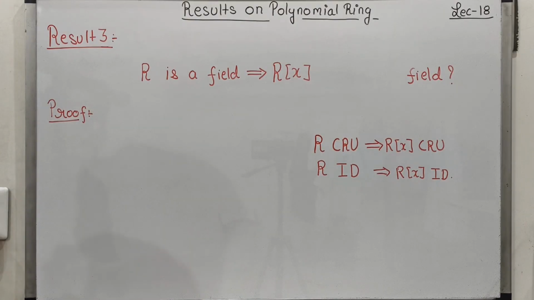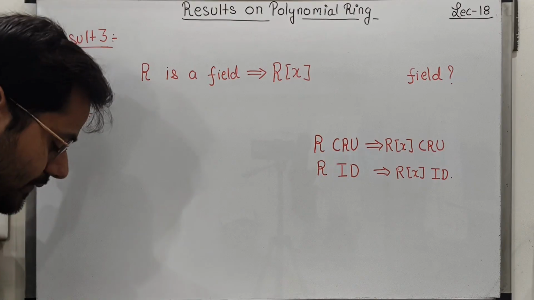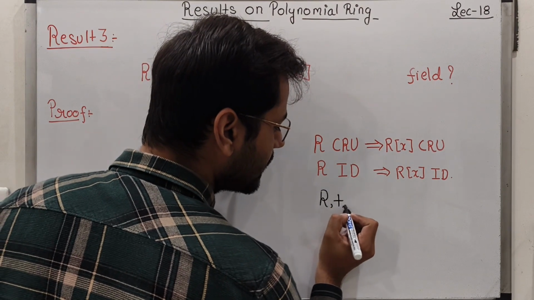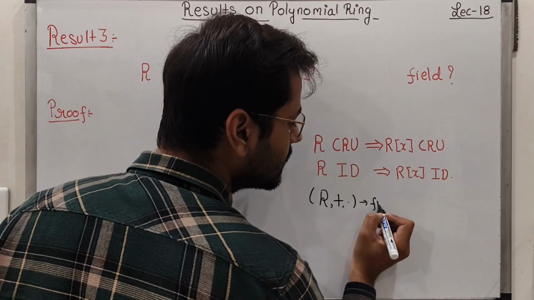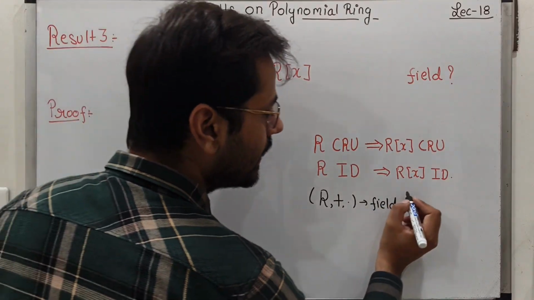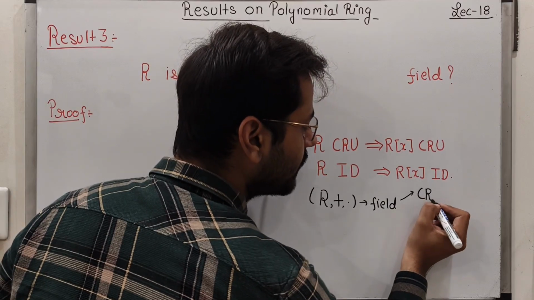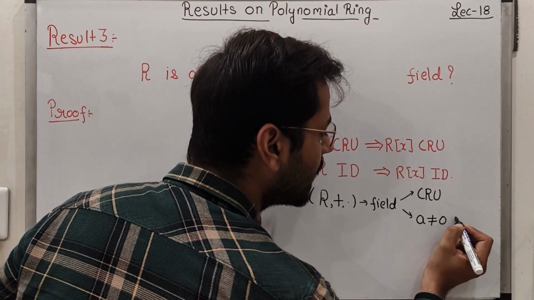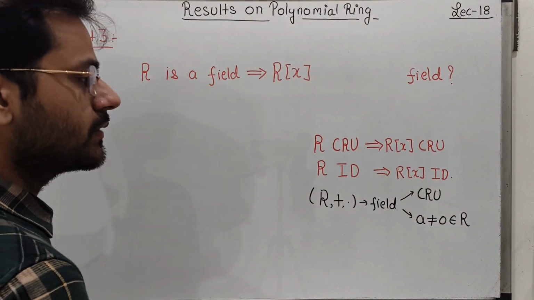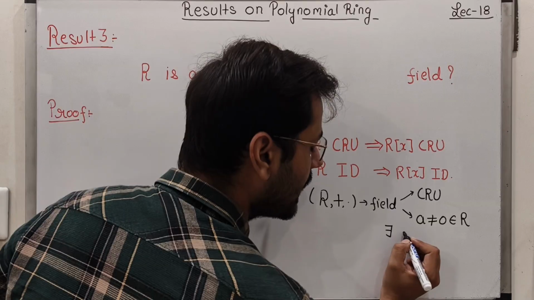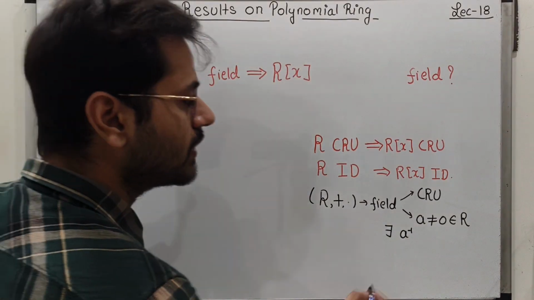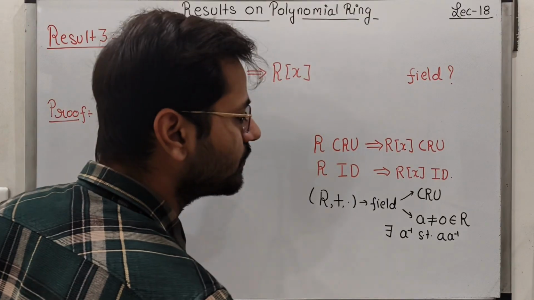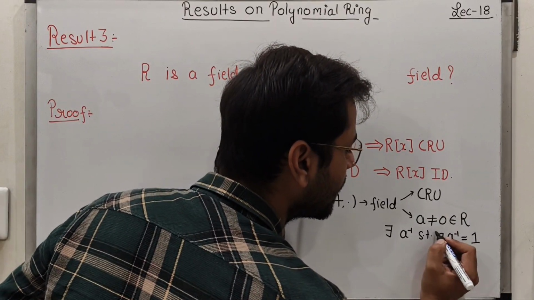When we say that this algebraic structure is a field, then we say that this structure is a commutative ring with unity, and for every non-zero element A belonging to ring R, there exists an element A^-1 such that when we operate A with A^-1, we get the unity element.